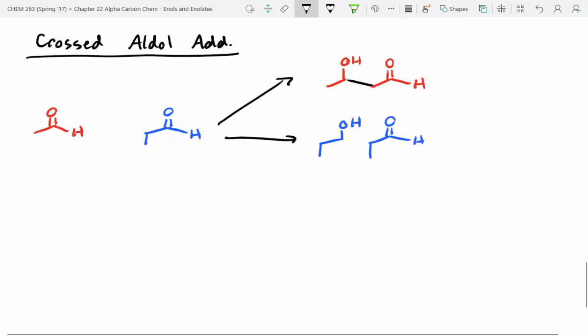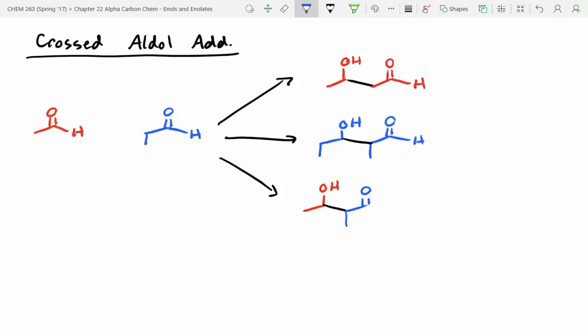So that would be the 2 blues coupled together. And then we'll do a red and blue. So in this case, the blue aldehyde was the enolate attacking into the red aldehyde.